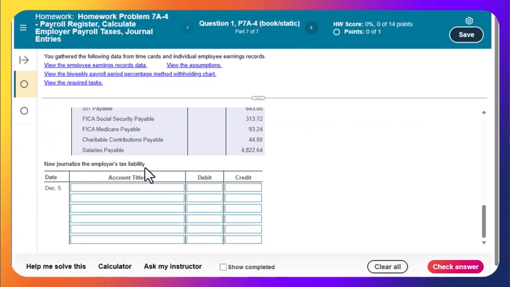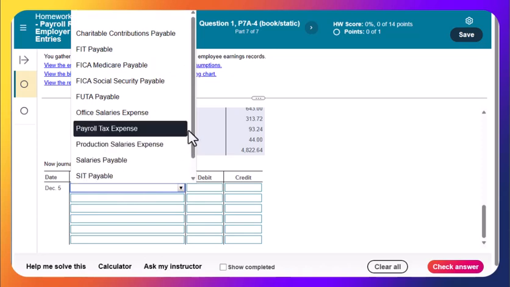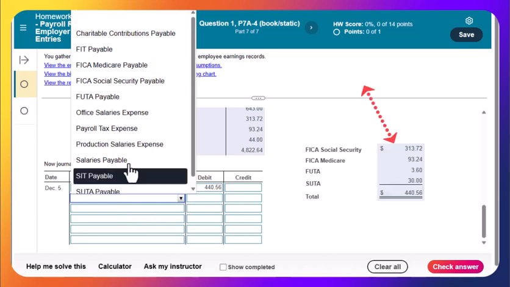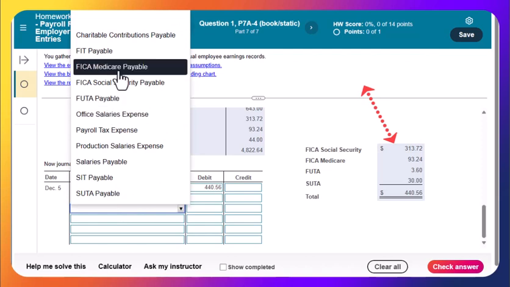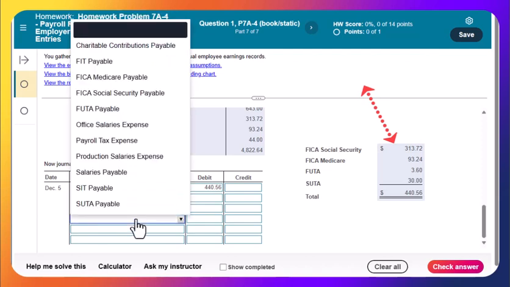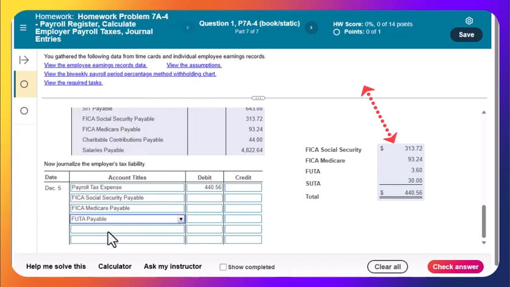Now journalize the employer's tax liability. So we'll start with our debit account, which will be payroll tax expense. Payroll tax expense for $440.56. Then we've got the FICA Social Security tax payable, FICA Medicare, FUTA, these are all payable accounts, and SUTA payable.